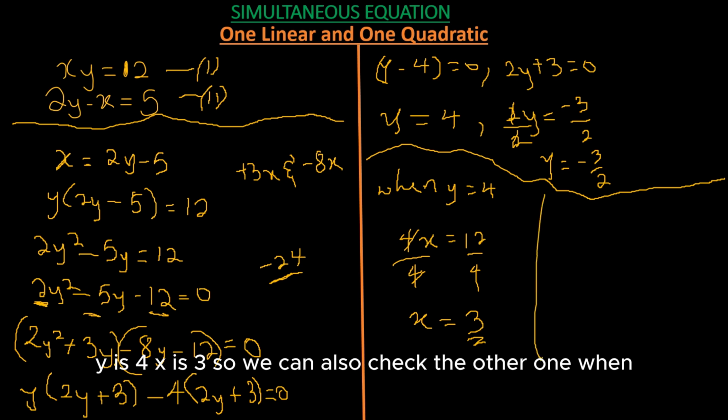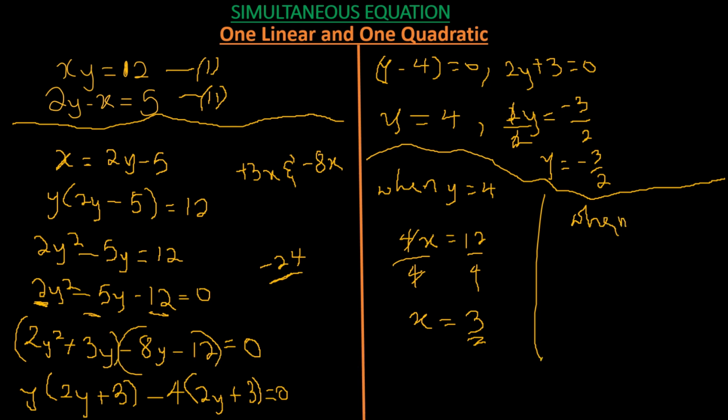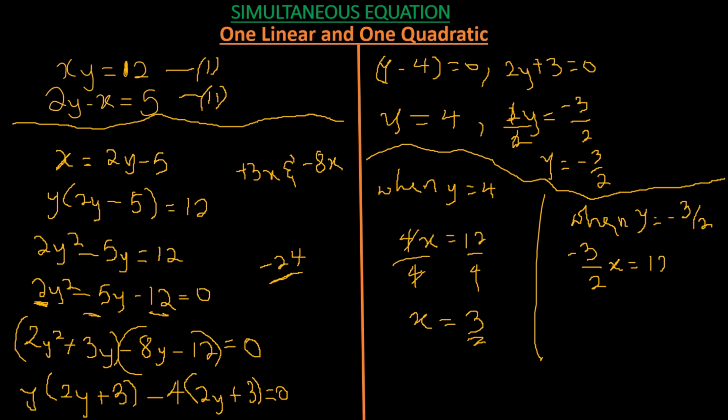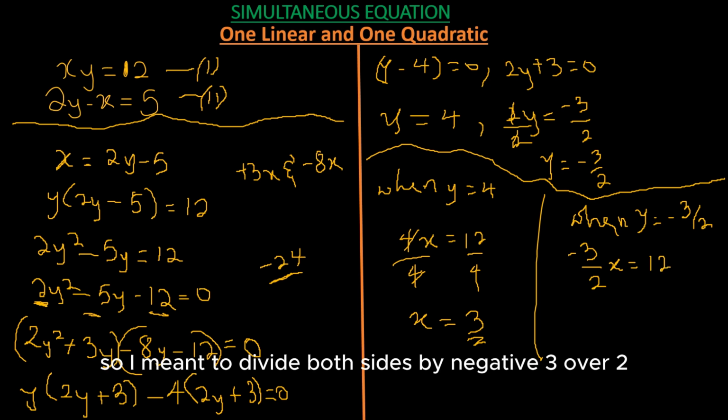So we can also check the other one. When y is equal to negative 3 over 2, that means we're going to have negative 3 over 2 times x equals 12. So we're going to divide both sides by negative 3 over 2.